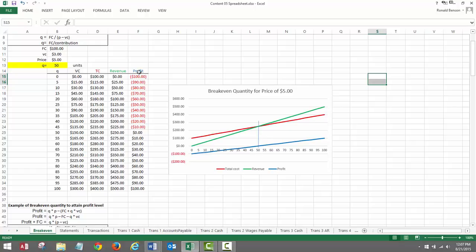So we can plot the profit as well in the blue, and it's negative here, and it becomes 0 at 50, the same point. So the break-even quantity for a price of $5 is 50 units. We have to sell 50 units to break even, to cover our cost. If we sell more than 50, we will start making money.